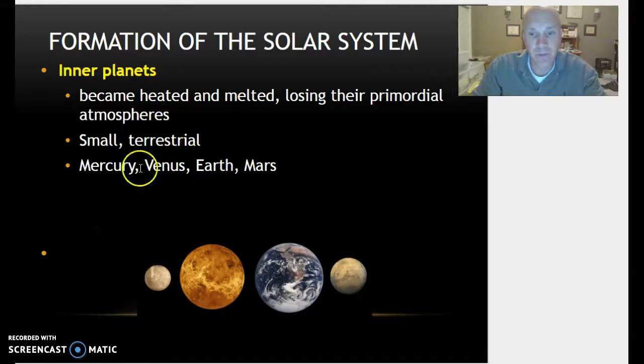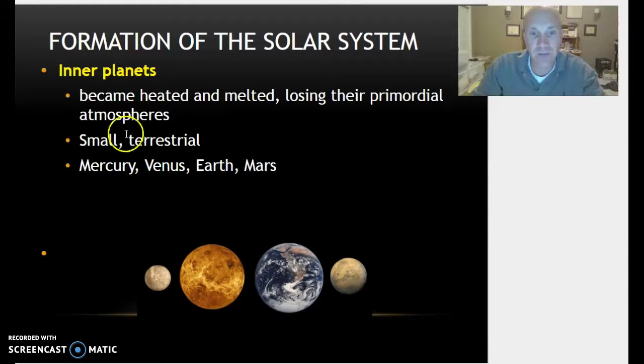So the planets in the solar system can be divided into two major types: the inner planets and the outer planets. All right, the inner planets are going to be Mercury, Venus, Earth, and Mars. All right. And one of the things that characterizes them is that they tend to be terrestrial, which means their surfaces are solids. All right.